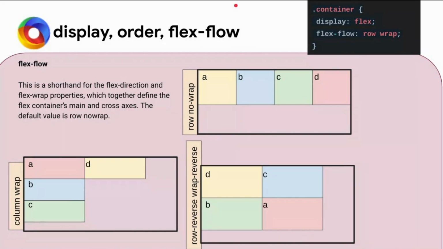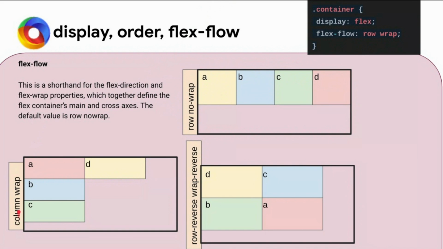Okay, now coming to flex flow. It is the combination of two things: one is flex direction and the second one is flex wrap. Suppose I put row and no wrap, that is the default property of flex. It will give you the original display. It is equivalent to display flex, and you don't have to write flex flow.